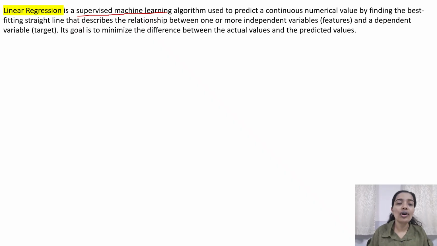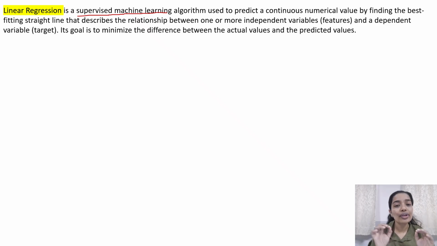We use linear regression for predicting, let us say, house price prediction or marks prediction. The output won't be whether a mail is spam or not or something like that. It will be completely a numerical value, like what the temperature will be tomorrow.